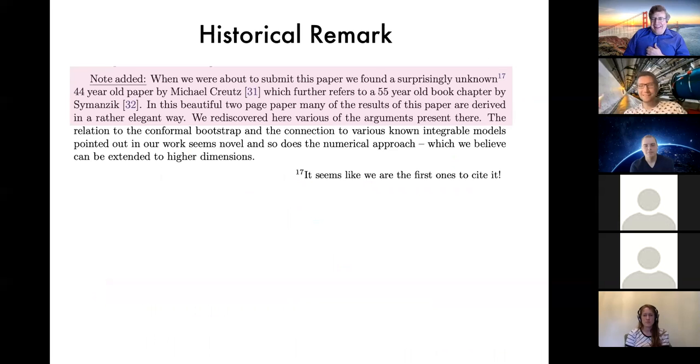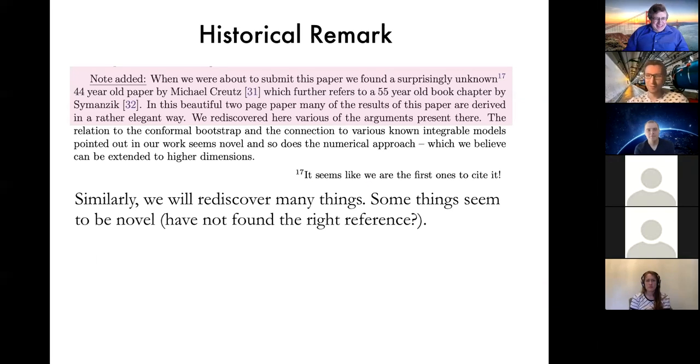This is quite remarkable about the subject, because we constantly find ourselves rediscovering many things and citing them for the first time. But I think that the whole approach and this philosophy is novel, and it's definitely worth revisiting, putting these things in perspective with a somewhat different mindset.